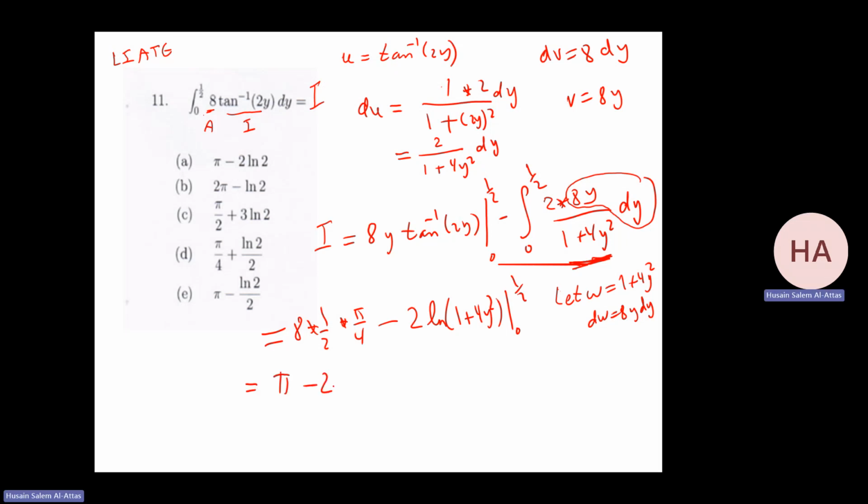This is pi minus 2 ln of what? Let me do the calculation. With half, that will be 4 times 1 over 4 ln of 2. Minus 2 ln 2, minus with 0, it will be ln 1, which is 0. So I have pi minus 2 ln 2, which is this one.